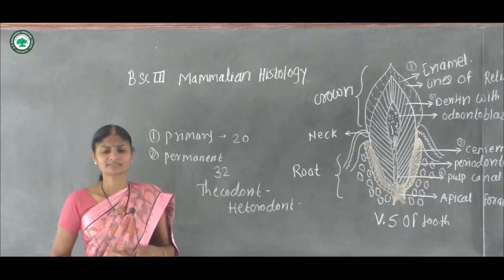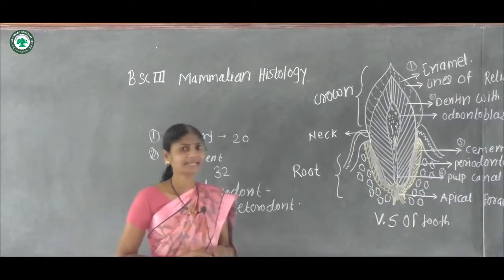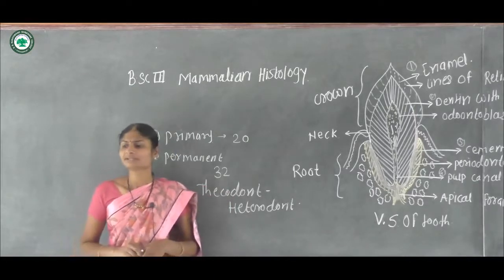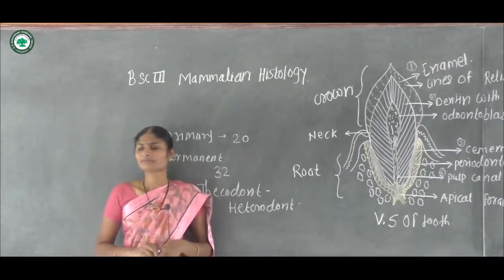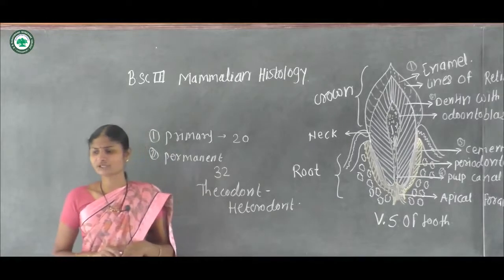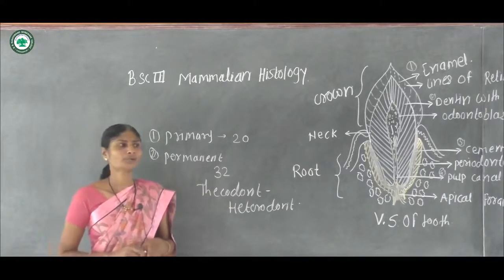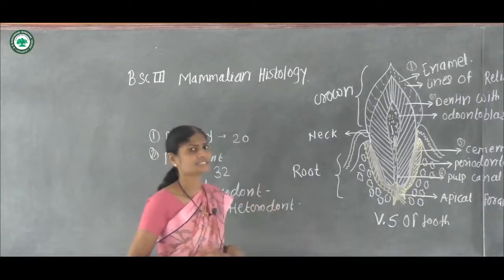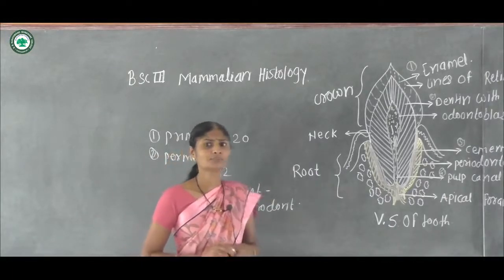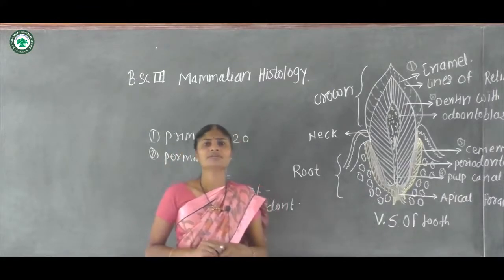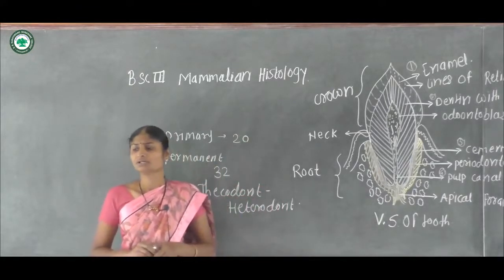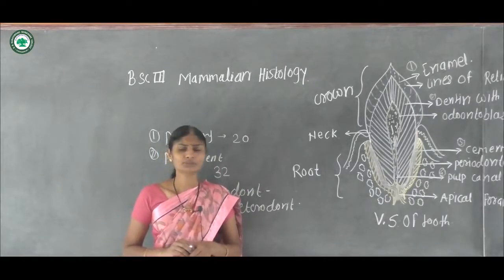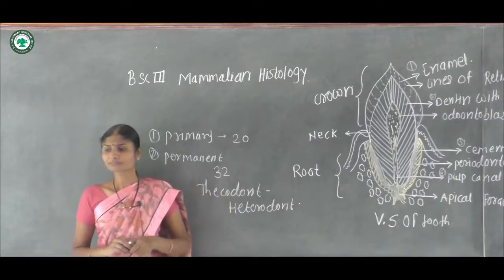Enamel covers the dentine. When enamel is damaged, it cannot be repaired. Enamel is harder than bone. Bone repairs when damaged, but enamel is not repaired.